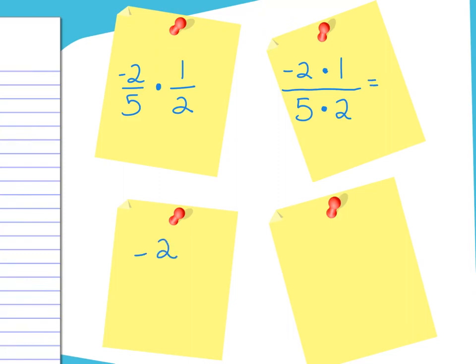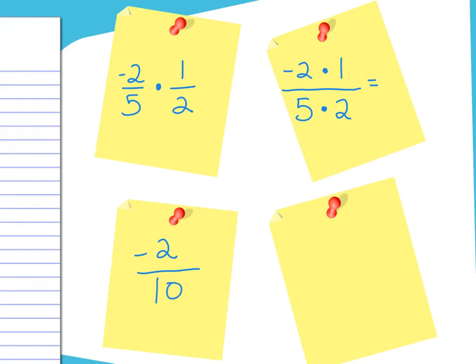Let's take another example. Say I have -2/5 and I'm multiplying it by 1/2. I again don't need common denominators when I'm multiplying. I can multiply the two numerators above the product of the two denominators, and I get -2 times 1, which is -2, and 5 times 2, which is 10.